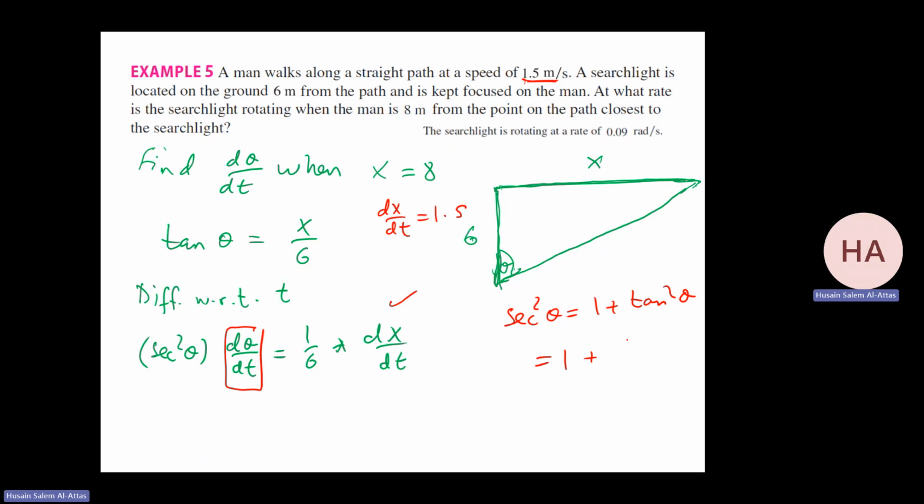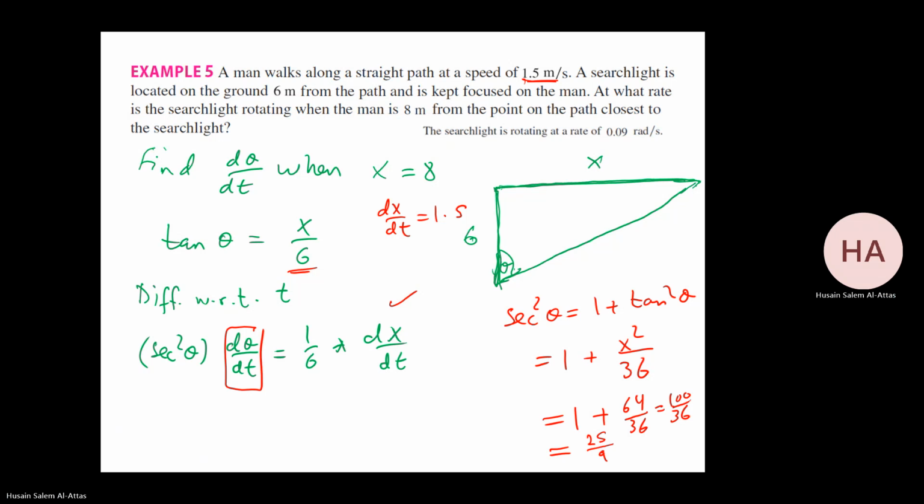That is 1 plus x squared over 36, since tan is x over 6. And x is 8, so that will be 1 plus 64 over 36, which is 36 plus 64, 100 over 36. Divide by 4, that will be 25 by 9.